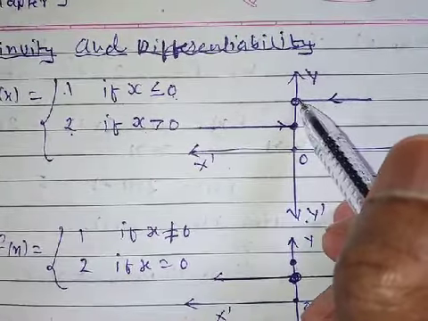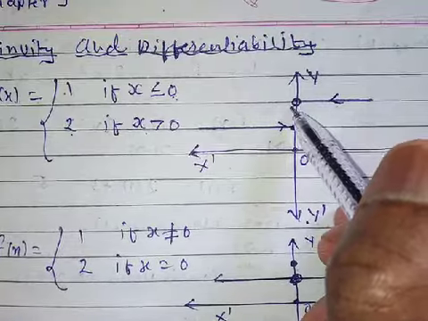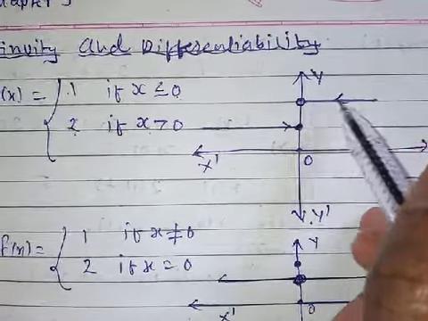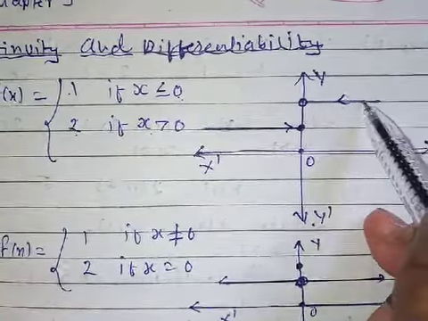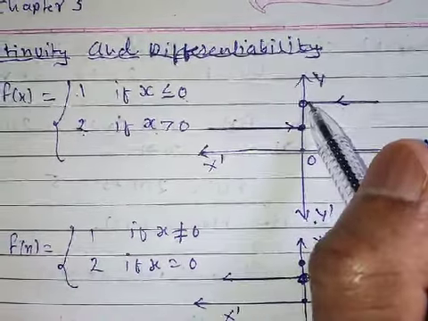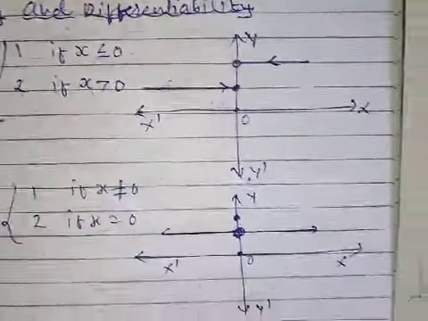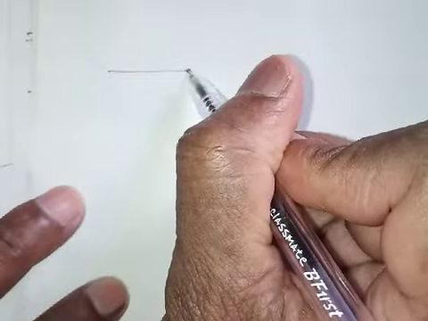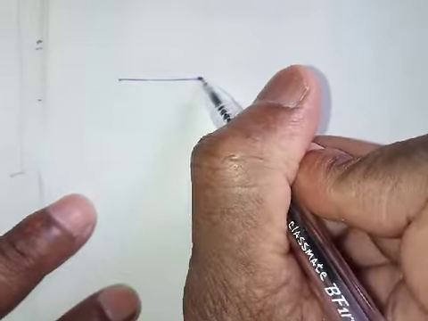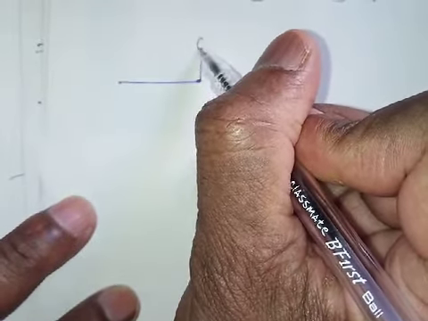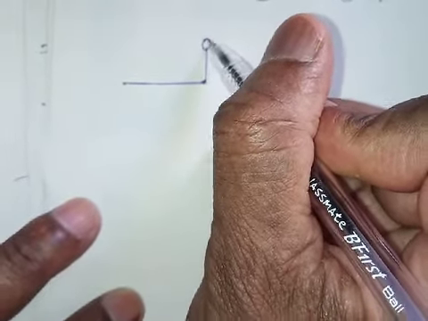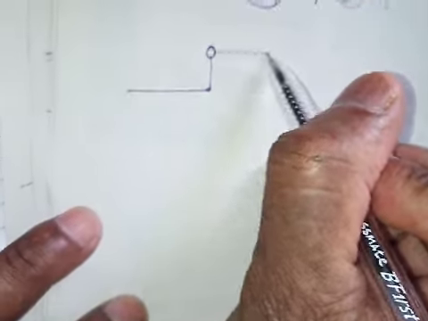It means that at this point the graph is discontinued, and the left hand limit is approaching towards 0. So if you draw this curve, you started from here, then you went here, but here you have to lift your pen, and then start here.